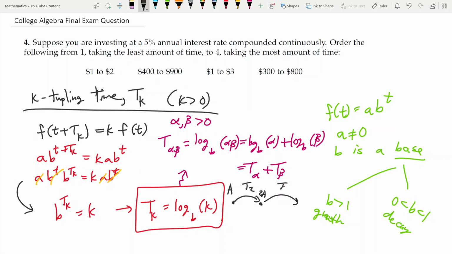If you wait an additional t3 units, you will have tripled that amount, 2a to 6a. But ultimately, we just waited t6 units of time. So t6 is t2 plus t3, which is an example of this fact we just demonstrated above, which could be seen as a visualization of the log product rule, which is basically just used here.